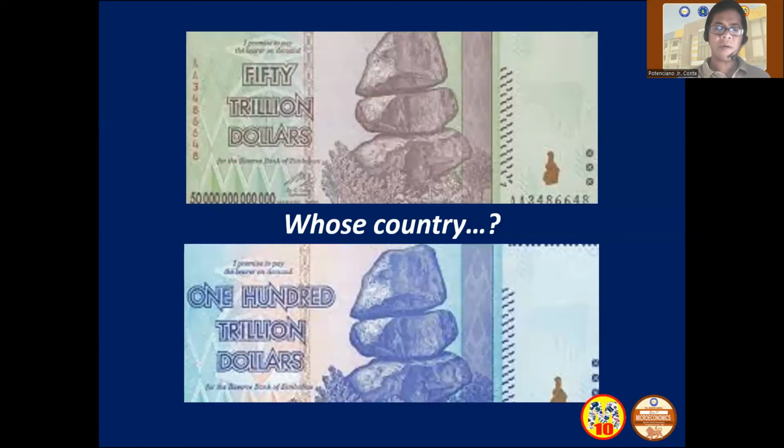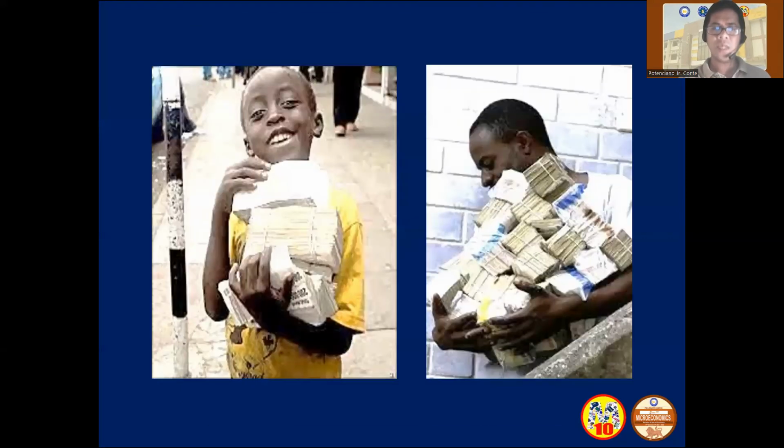They even created or printed $100 trillion. What is the use of this amount if a piece of egg is worth billions of Zimbabwean dollars, or a price of a loaf of bread is worth 100 trillions of Zimbabwean dollars?